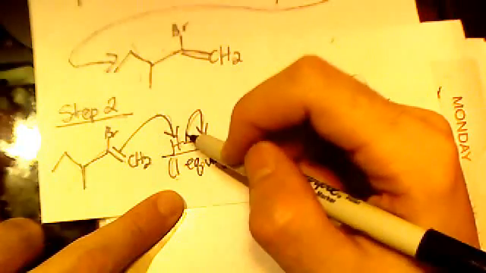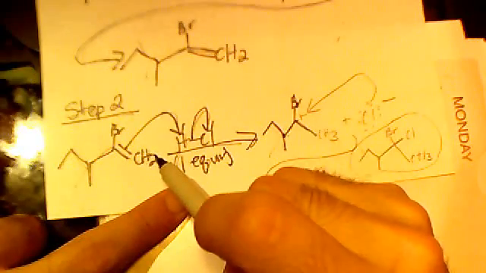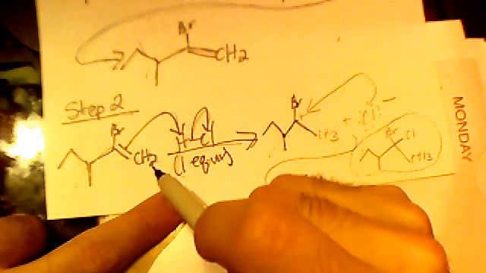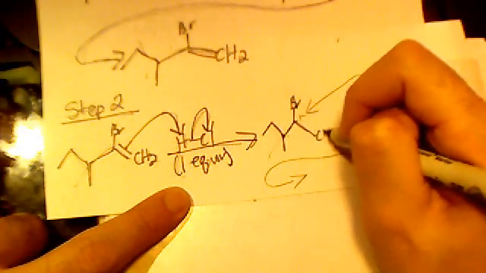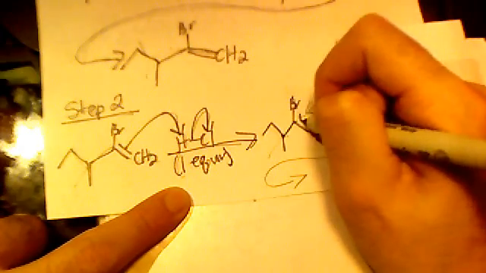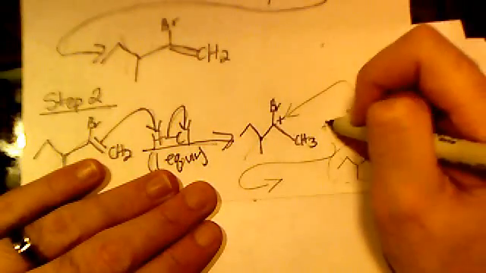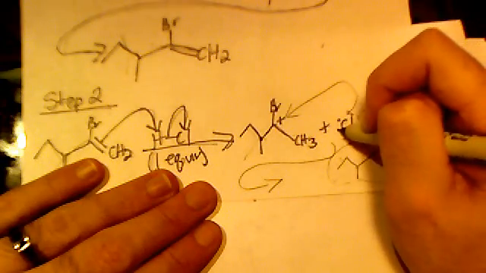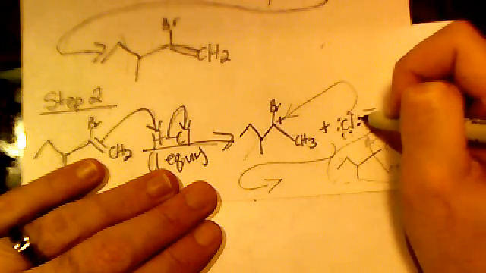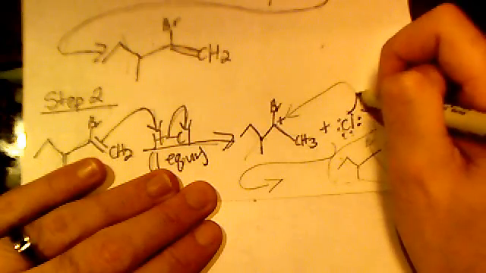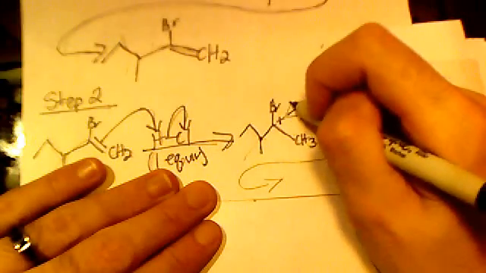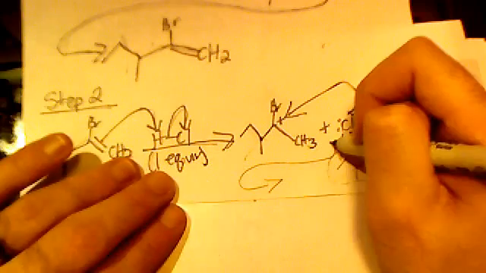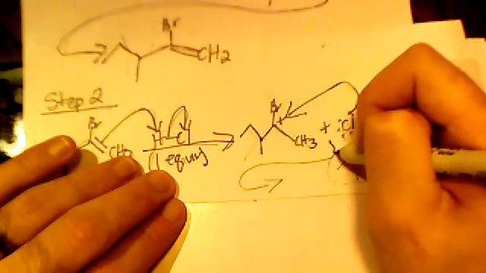The hydrogen follows Markovnikov, it goes to the carbon that already had more hydrogens, which is this one, so we get a CH3 and a carbocation right there, plus the chlorine anion that broke off, which then donates its electrons to the carbocation.